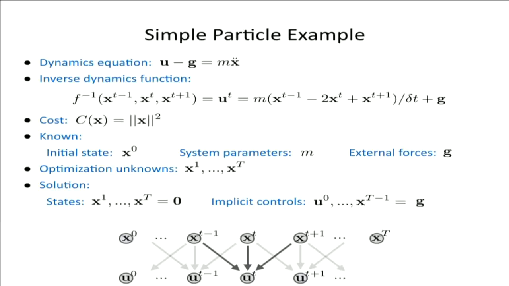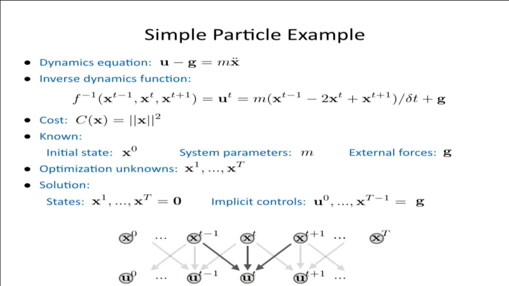And now what you're going to be solving for, again in this direct method, is the sequence of states, x1 to xT. And you would be able to satisfy this cost exactly, where you can just look at this problem and intuitively tell that the states are just going to be at 0, and implicitly the controls are going to be just g.